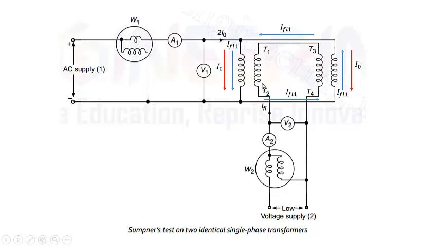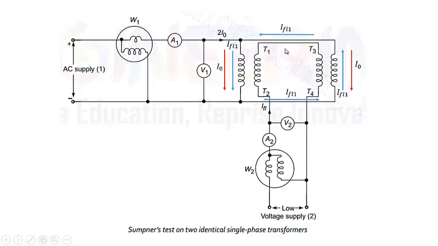But in this case, the current flow will not be through this. The full load current IFL is flowing in this direction, and due to its opposition, the IFL1 will be flowing in this direction. Since the current is flowing opposed to this direction, here the current will flow upwards.